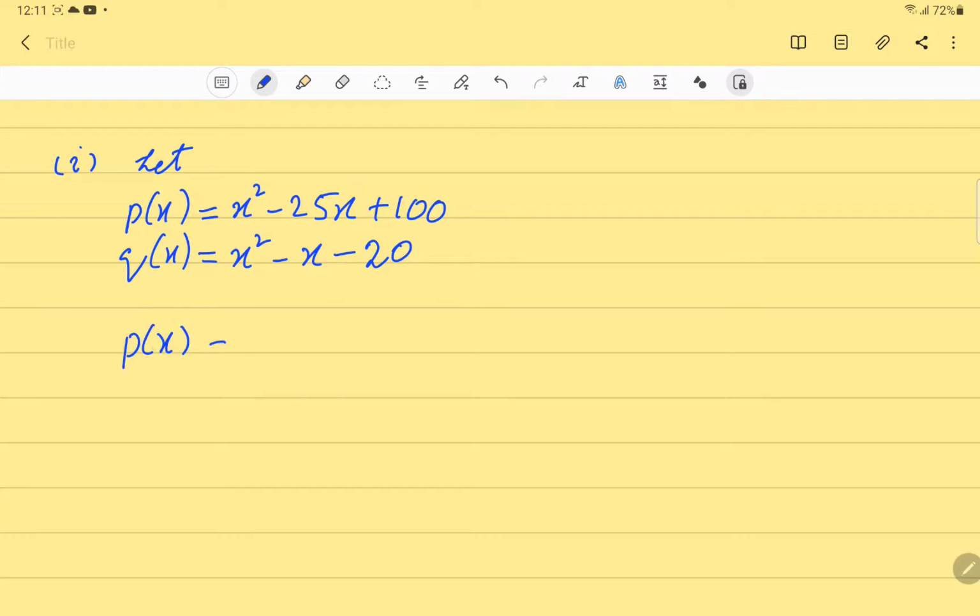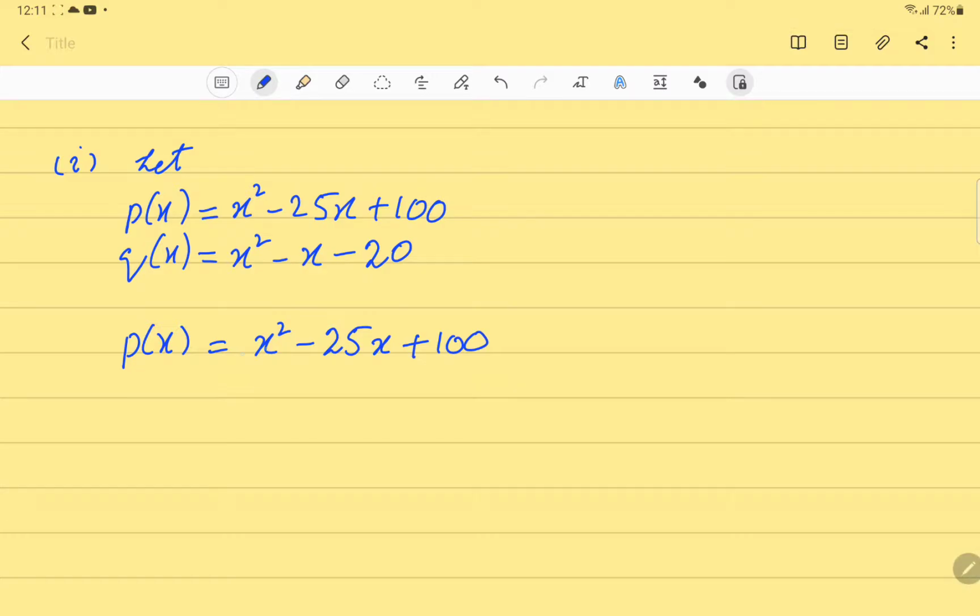We have P(x) equal to x squared minus 25x plus 100. It is a quadratic expression, but we have a condition here that we have to solve it with the help of factorization. So let's go for the factorization.